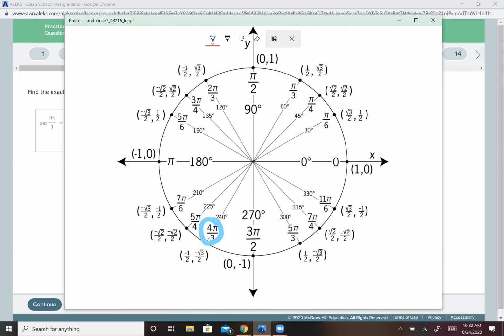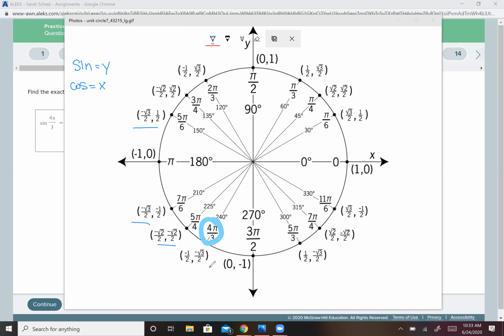Remember that on the unit circle, because r is 1 for all of these terminal points, you know that sine is just the y value and cosine is the x value of each of these coordinates.